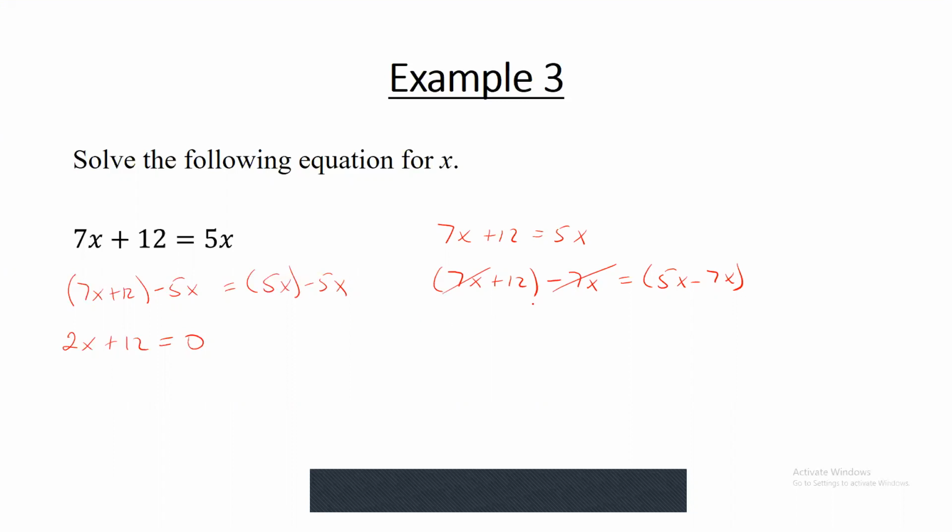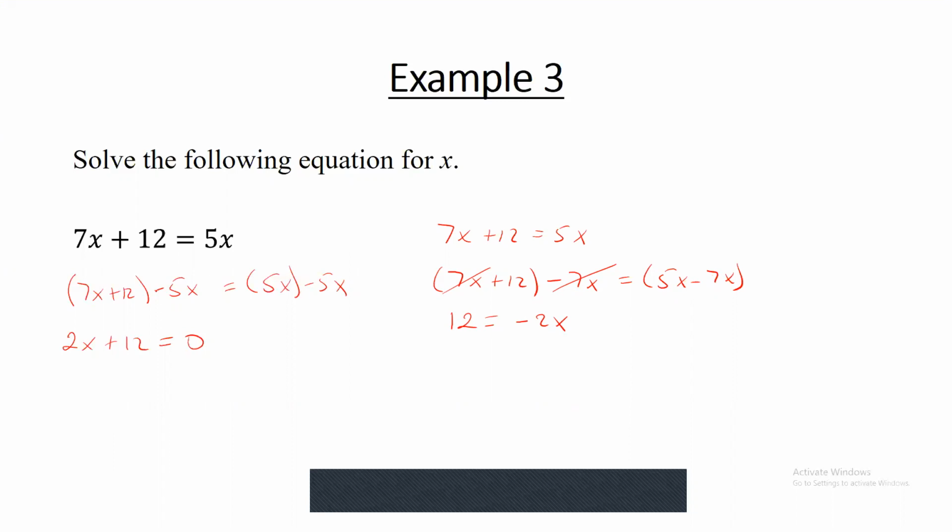They cancel each other. That's why we were subtracting 7x. We are left with 12 equals 5x minus 7x, which is negative 2x. And again, this is not very different from the equations we solved before. We can also solve it.